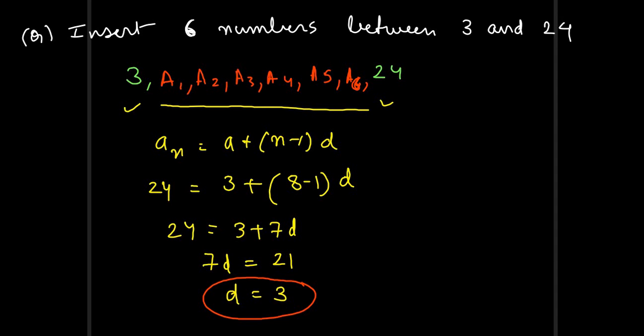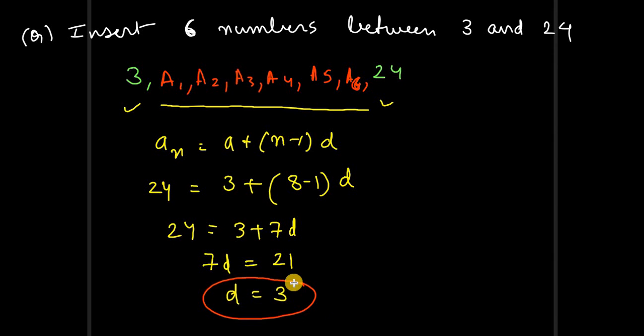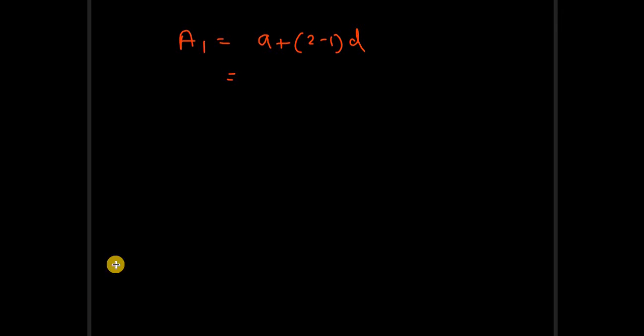Now we can easily find all the numbers that we want to insert. Let's find A1. A1, as we know, is the second element of our sequence, so that will be A plus 2 minus 1 into D, and A is 3 and D is 3. So A is 3, 2 minus 1 is 1, and D is 3.